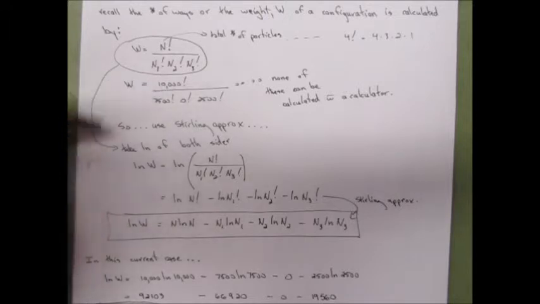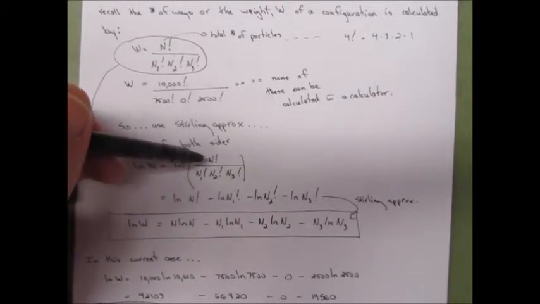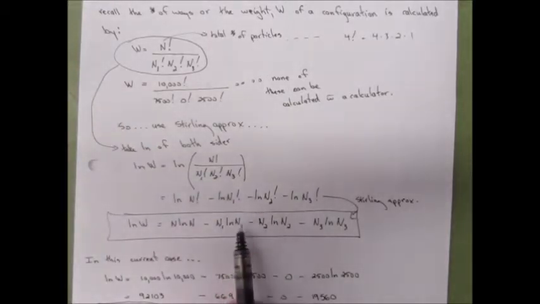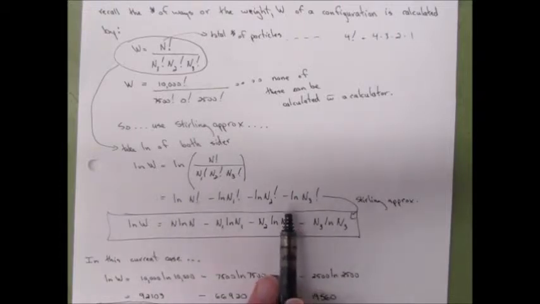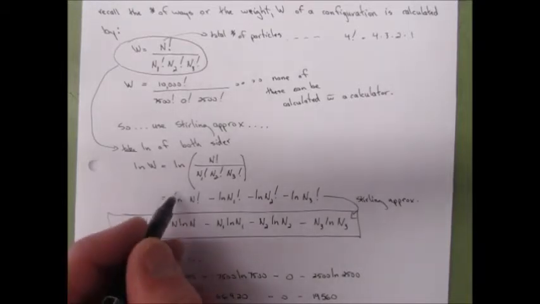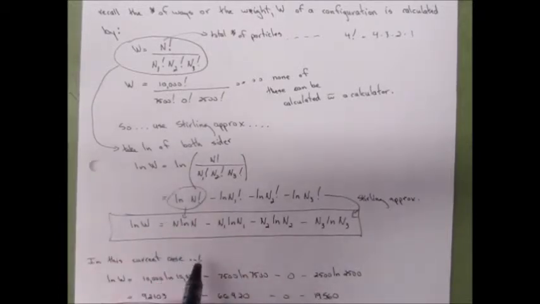So I'm going to take the ln of both sides. Now I'm going to track the ln of the number of ways. And you can see how this breaks down. This would be subtract off these ones. Yeah, the Stirling approximation is that when you have the ln of n factorial, you can replace this with n times the ln of n.